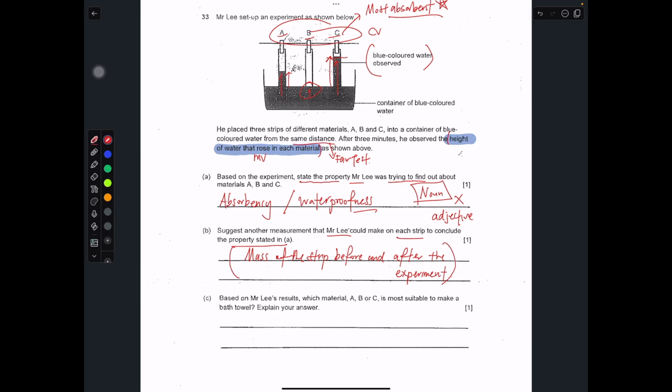Okay, this question is asking you how to measure the results. Okay, if you want to know which one is the most absorbent, you want to know which one is the waterproof one, how do I know the result? Okay, is to take the mass, because if the strip absorbs water, the mass would have increased. If the strip did not absorb water, the mass would have remained the same.